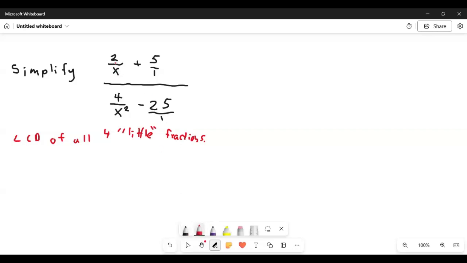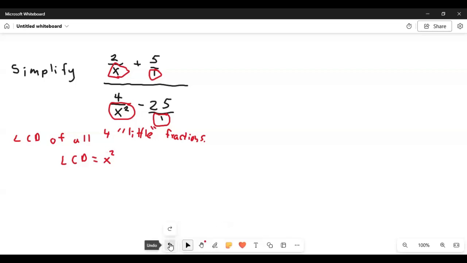So looking at all four of the little fractions denominators, what is your common denominator? Well, when you're finding the common denominator, the LCD, you look for which factor has more. This has the most x to the seconds, so your LCD is going to need an x to the second. Technically, it also needs a 1, but 1 times anything won't change anything. So you don't need to write that 1.